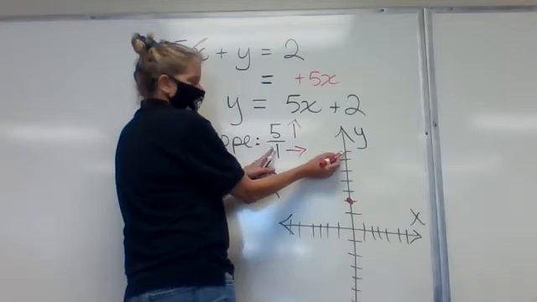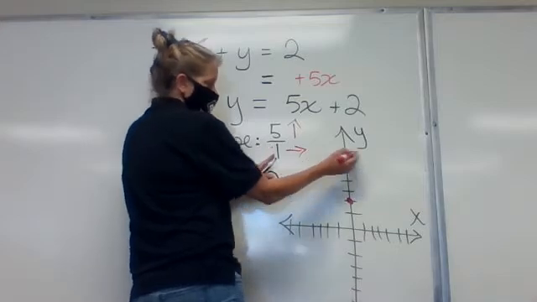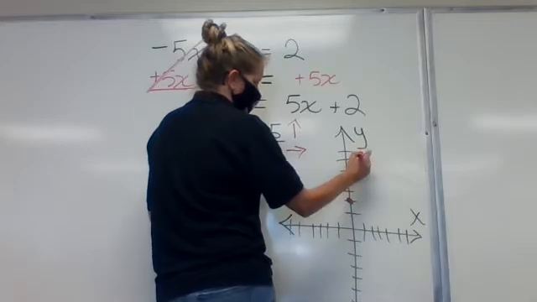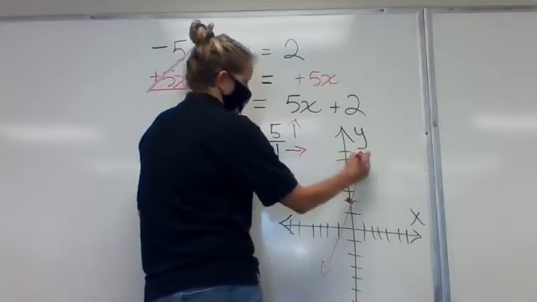Then what do I do right here? Don't put a point. What do I got to do first? 1. Run 1. So up 5 over 1. Connect.